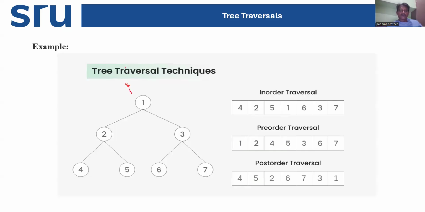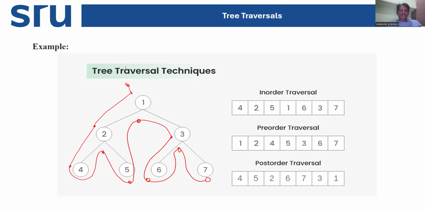For inorder, this is the root node, this is the left child, and this is the right child. We visit the left side, and next we visit this one, this one, and this one.